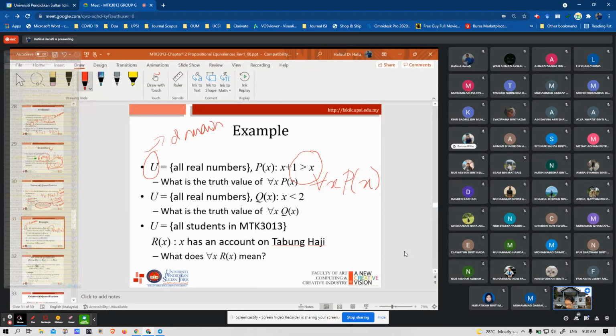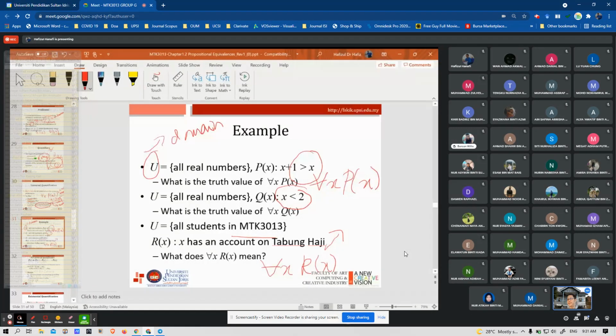All real numbers here less than 2. For all students in MTK, x has an account on Tabung Haji. What does "for all x" mean? It means that all students in MTK have an account on Tabung Haji.